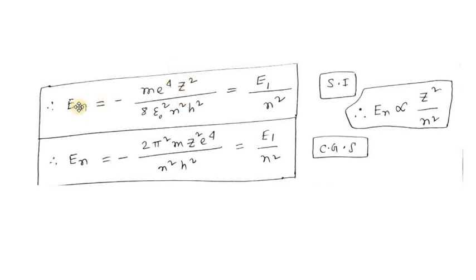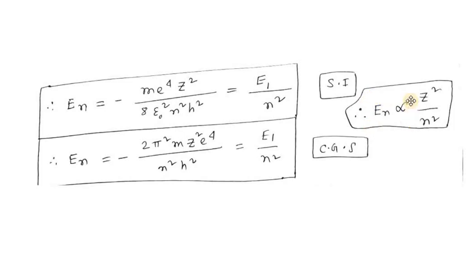If you need to calculate the energy of the second orbit, that is E2, it will equal E1 divided by n square, because n is the variable here and the Z value is 1 for hydrogen atom. But if you want to calculate the same for other atoms, like helium plus or lithium 2 plus, the system needs to be one-electron, remember this.